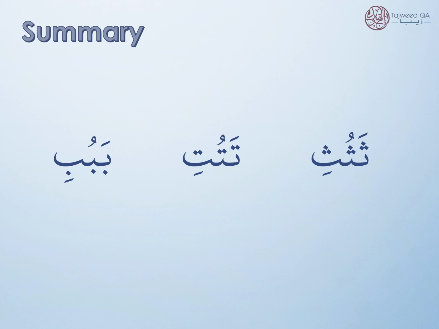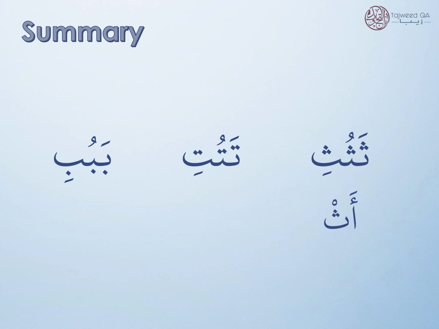So to summarize the letters we've looked at today, we looked at tha, da, and ba. We also looked at alif, and we also said that the alif cannot be read with a vowel on it, but it's always in the state of sukoon and has to be joined with a letter which is voweled before it. So for the tha, tha, thu, thi, da, tu, ti, ba, bu, bi.